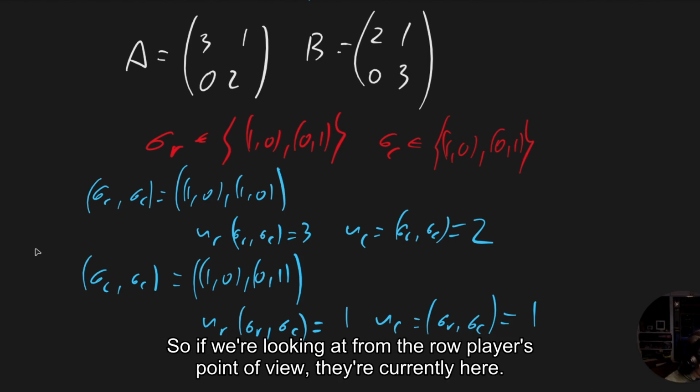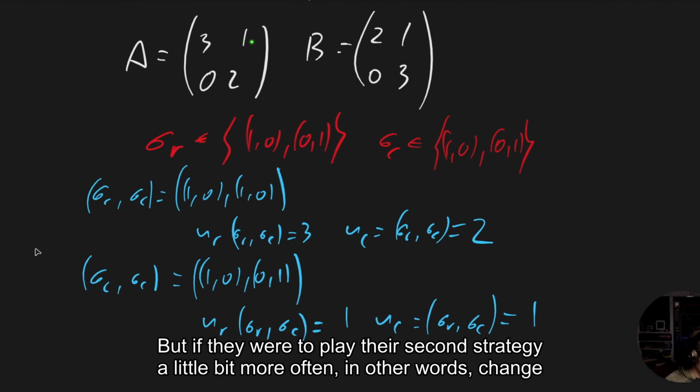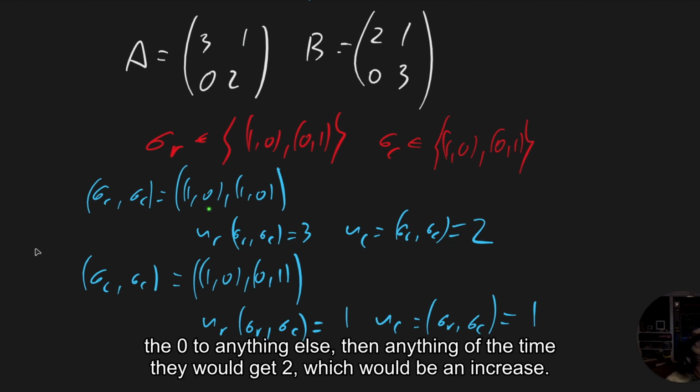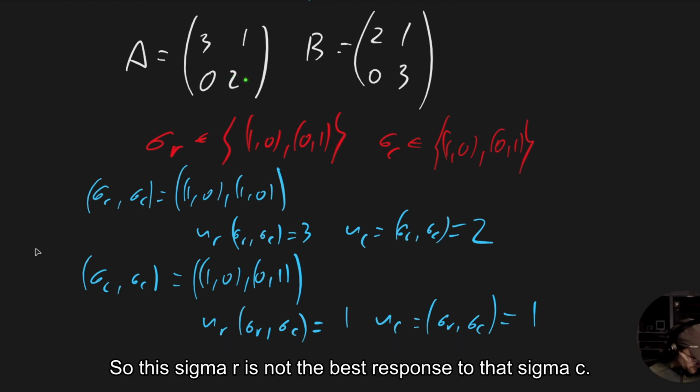If we look at it from the row player's point of view, they're currently here. But if they were to play their second strategy a little bit more often, in other words, change the 0 to anything else, then any of the time they would get 2, which would be an increase. So this sigma r is not a best response to that sigma c.